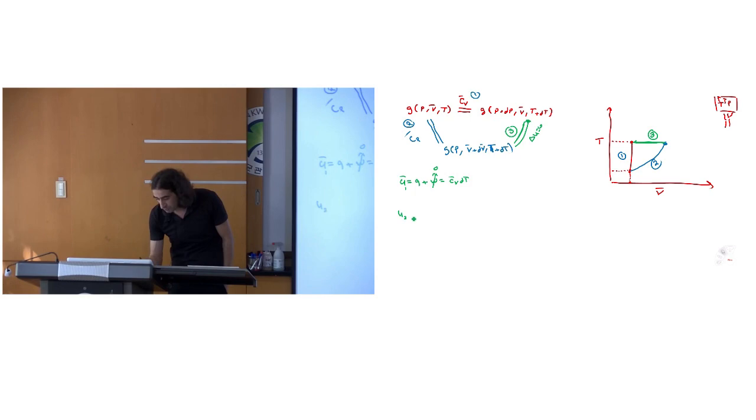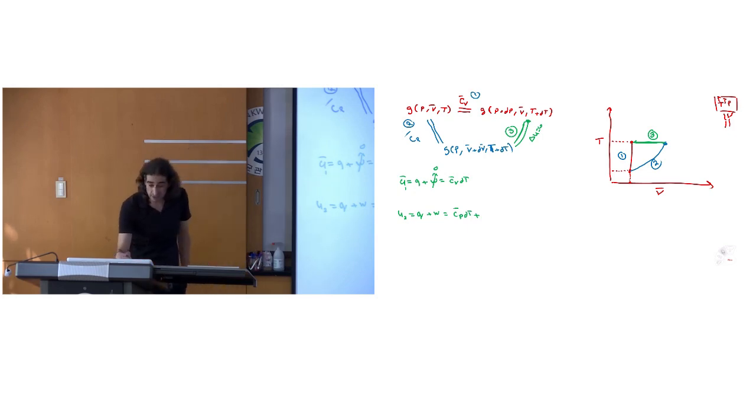Now tell me, U2 is what? U2 is Q plus W, which is equal to what? Q is CP dT. W, pressure is constant, this is fine.